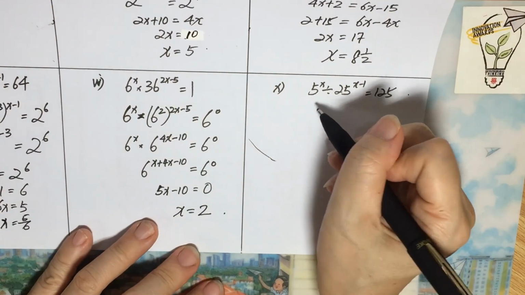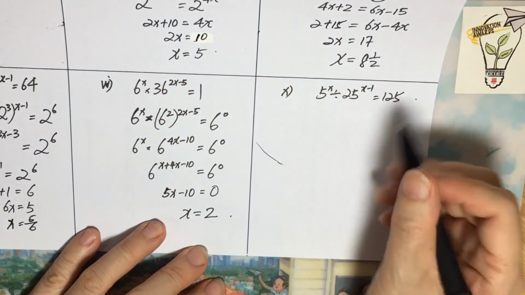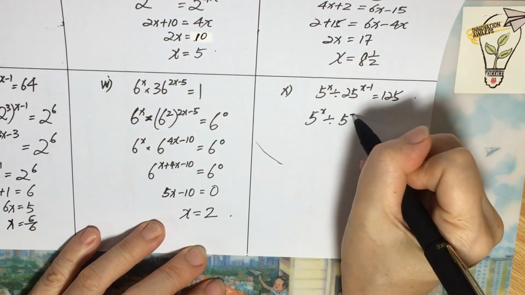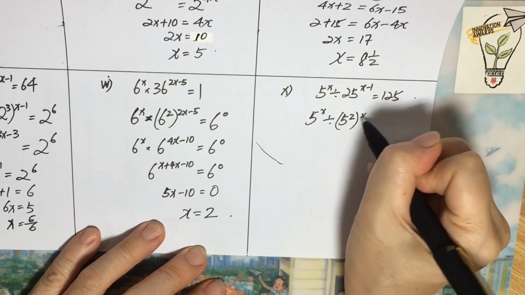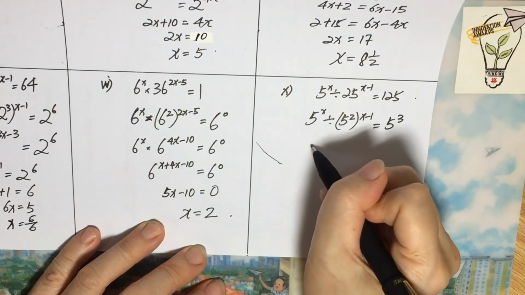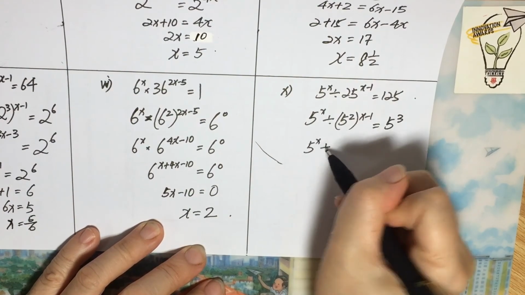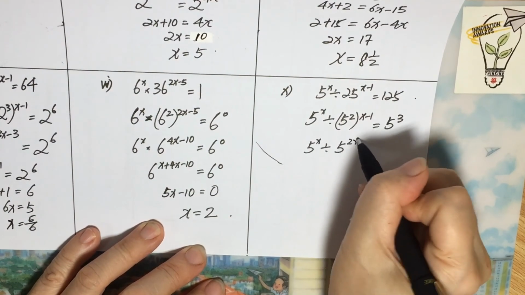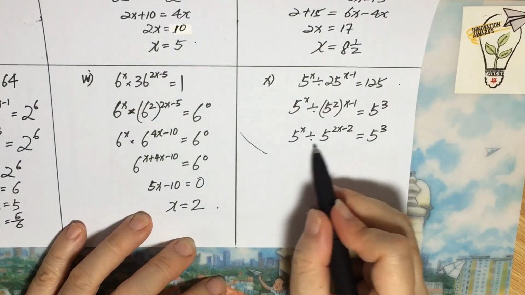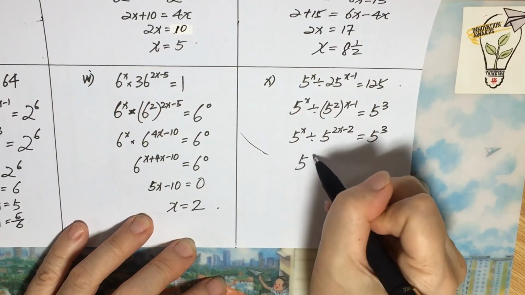Last question. 5, 25, 125. So 5 we keep, and then 25 we change to 5 squared, so x minus 1. And 125 we change to 5 cubed. So 5 power x divided by 5 raised to the power of 2x minus 2 equals 5 cubed. So when we do division means we subtract the power.